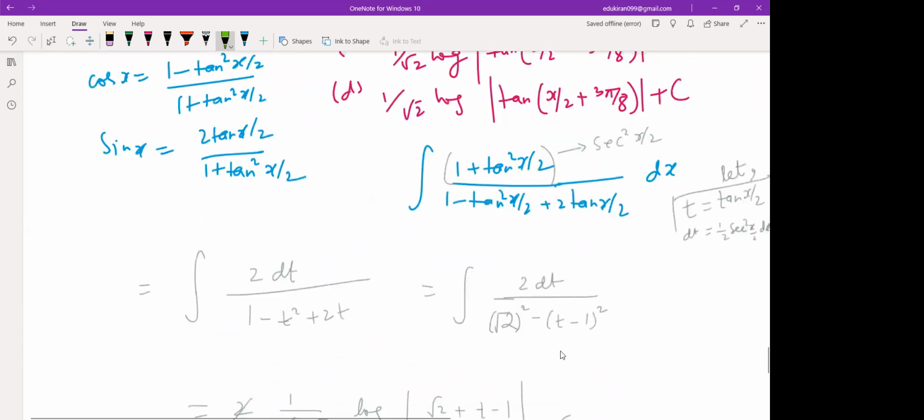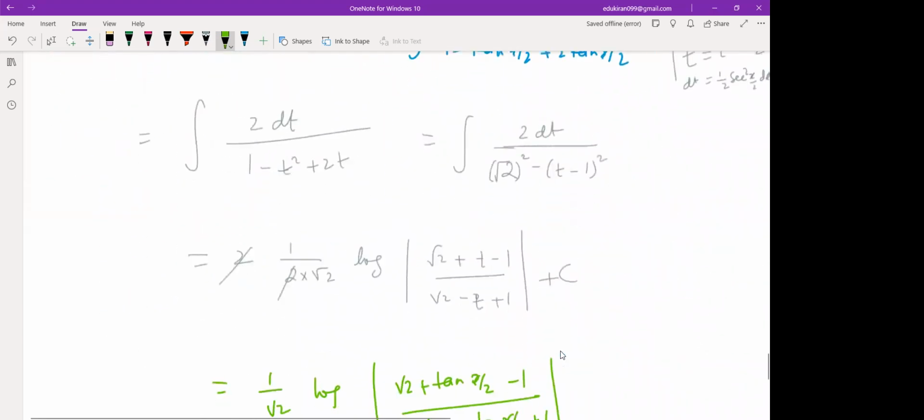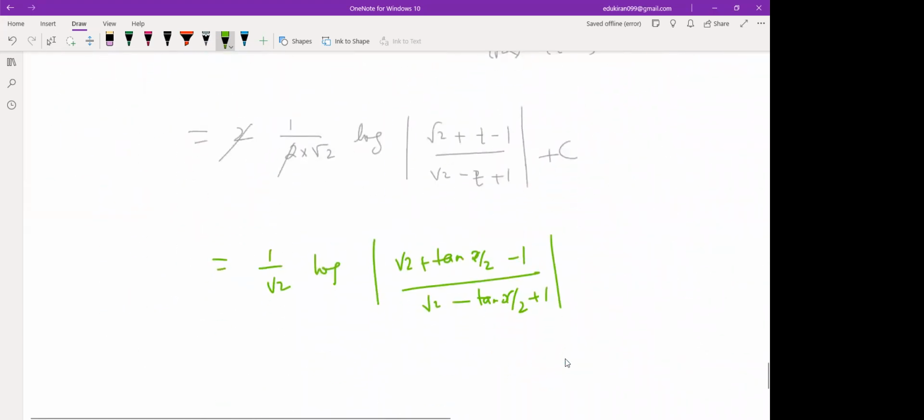Now the answer is in terms of this, right? Fine. Now you need to remember that this is actually 1 by root 2 log of, here a little bit of trigonometry is also required. So you write it as tan x by 2.